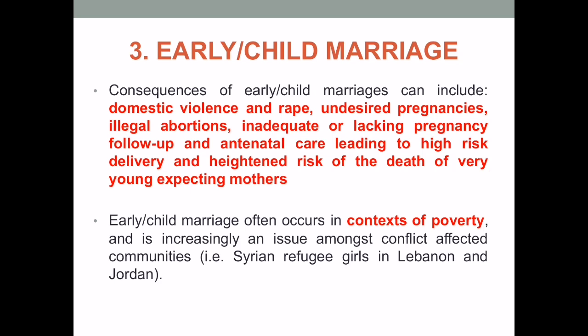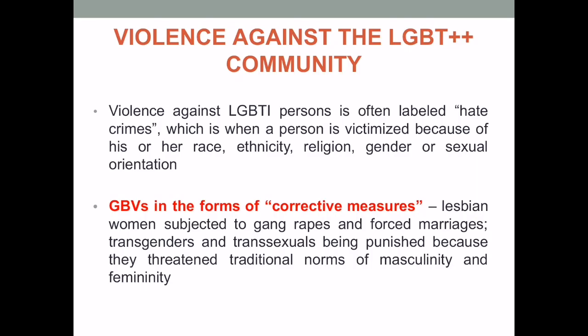Consequences of early marriage include domestic violence and rape, undesired pregnancies, illegal abortions, inadequate or lacking pregnancy and antenatal care leading to high-risk delivery and heightened risk of the death of very young expecting mothers. Bukod pa rito sa nag-occur siya sa context ng poverty, that is mostly true in many developing and underdeveloped countries.